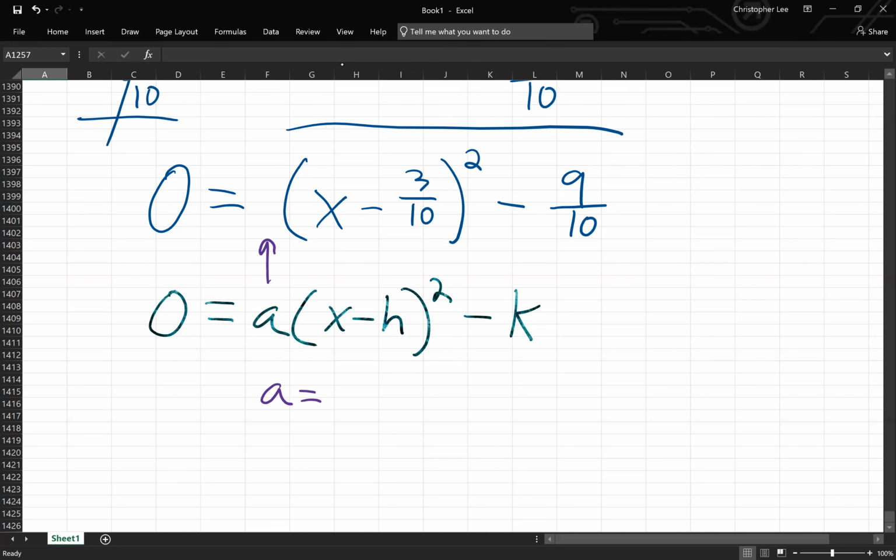I got that already, 5. Oh, I see why they did that. So then what's h? 3/10. Negative or positive? It'd be positive because you see how the formula is already in minus? And what's the k? 9/10. That's all I have.